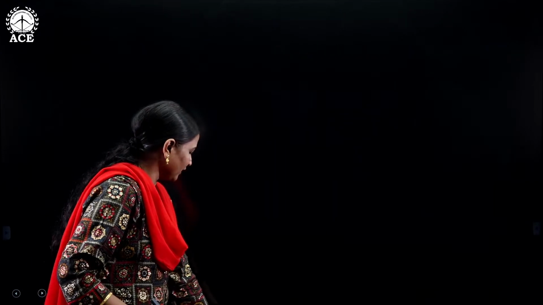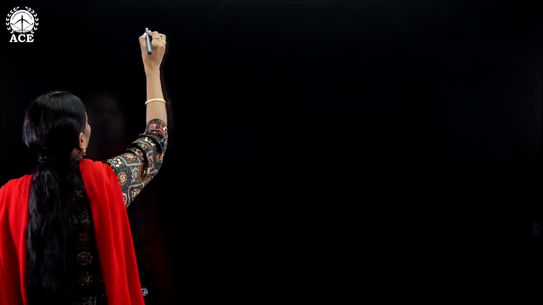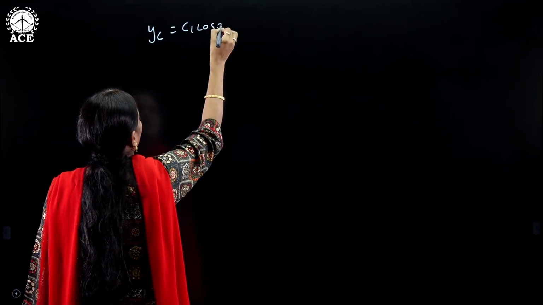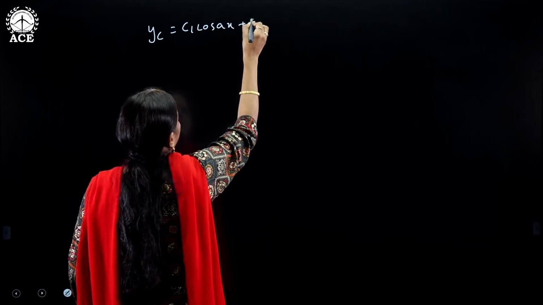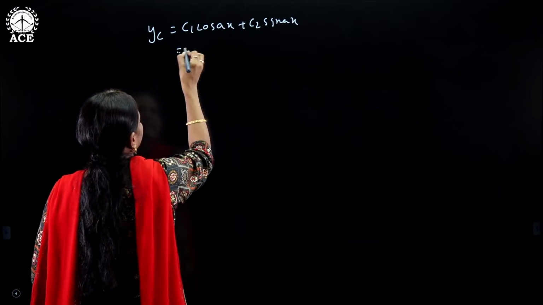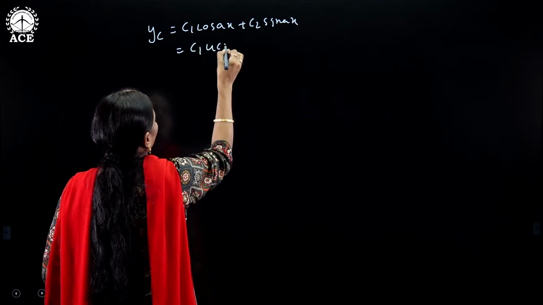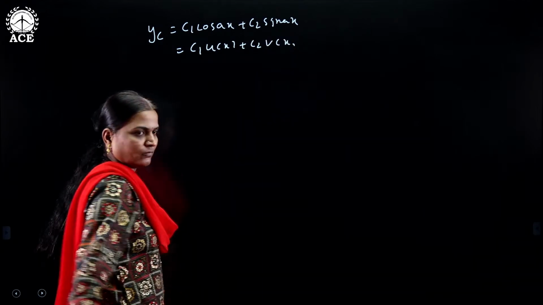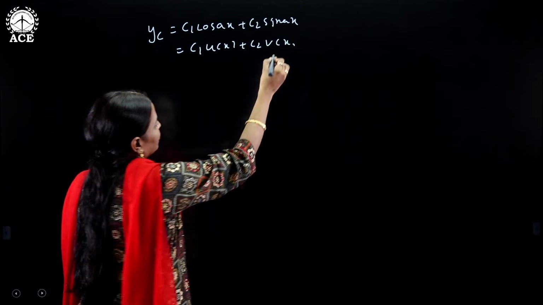Equation 2 can be written as Yc is equal to c1 into cos ax plus c2 into sin ax. Consider this as c1 into u of x plus c2 into v of x.